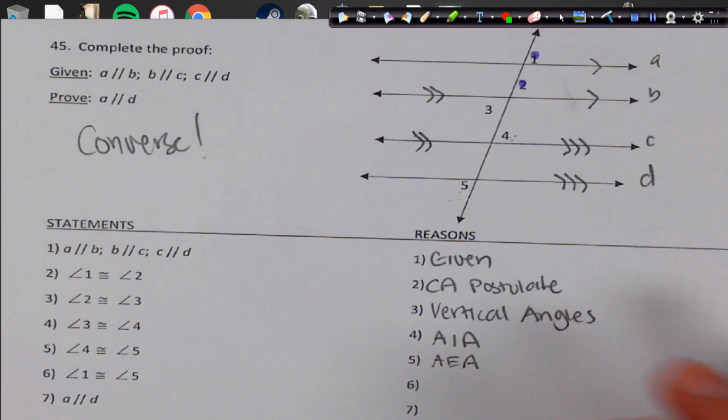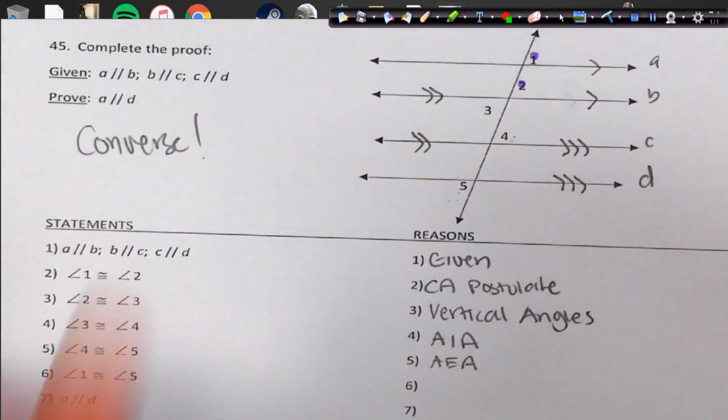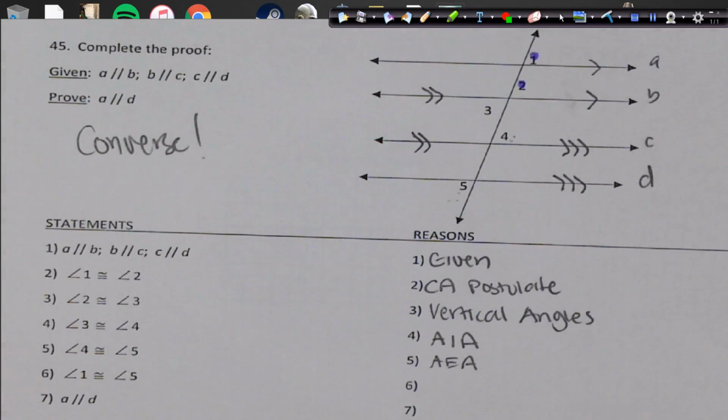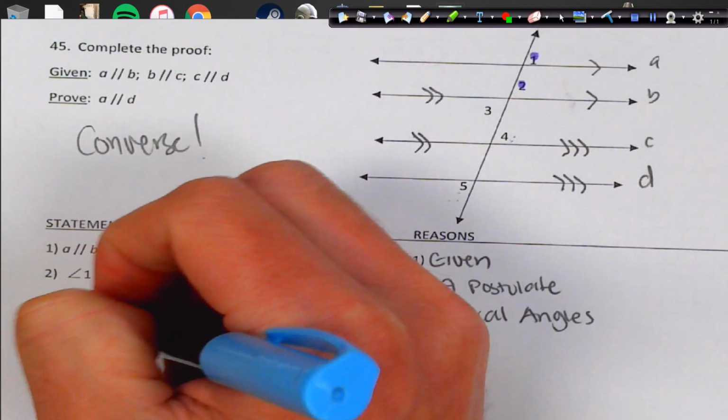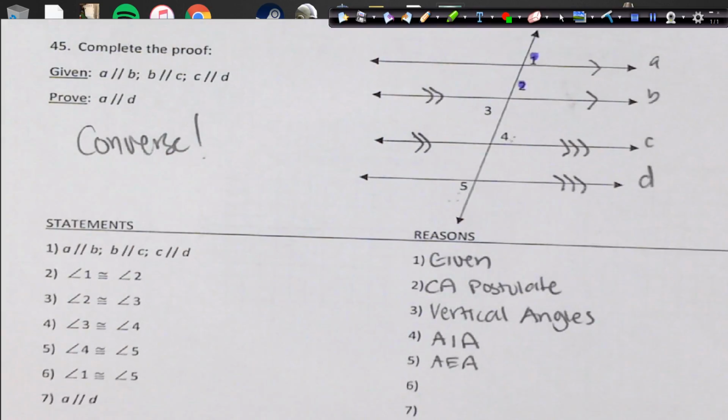Now some of you are thinking, oh, alternate exterior angles. That would be wrong, because A is not parallel to D, so I can't use that. But what I can do is I can show that I said 1 equals 2, 2 equals 3, 3 equals 4, 4 equals 5. So what must be true? 1 equals 5.